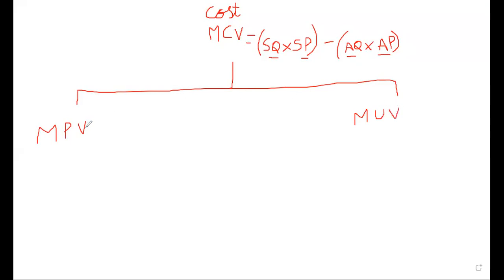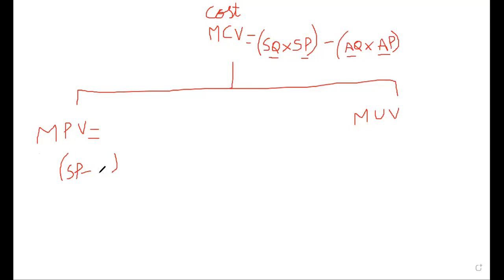So price variance is basically the difference between the two prices. What are the prices? The standard price and the actual price. So we are only focusing on what is the difference in the price.